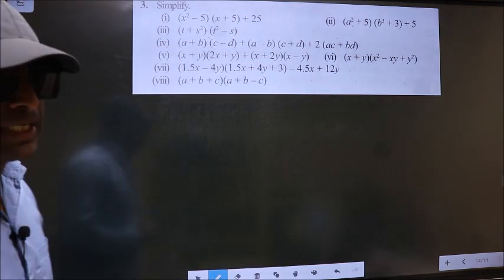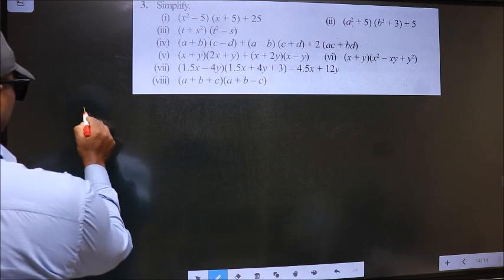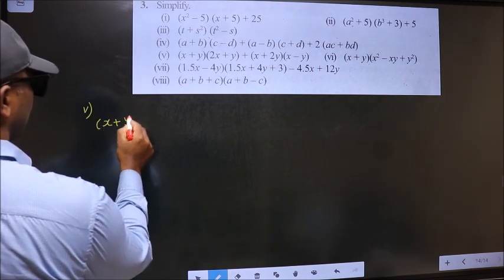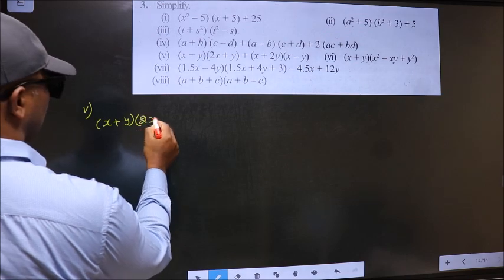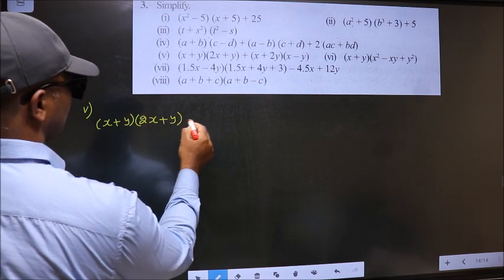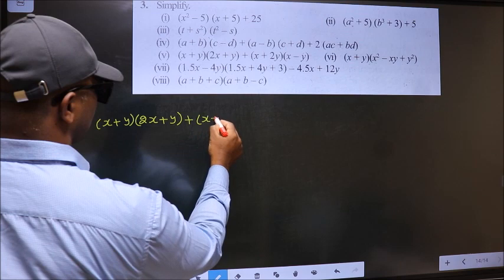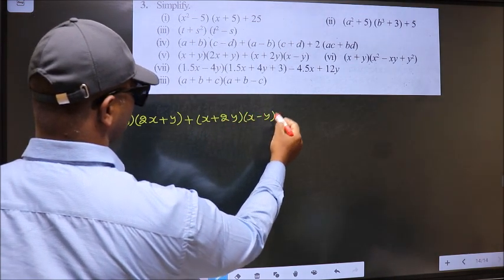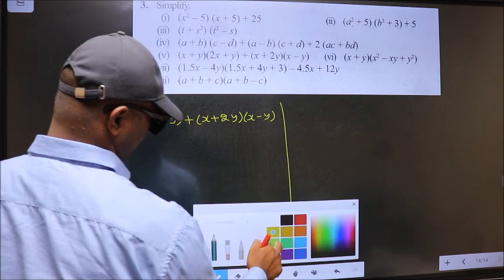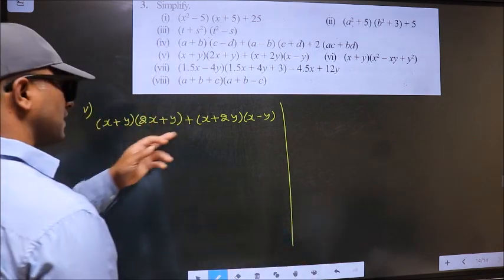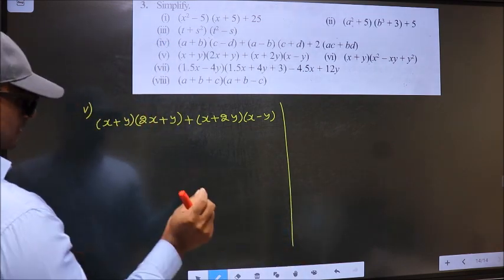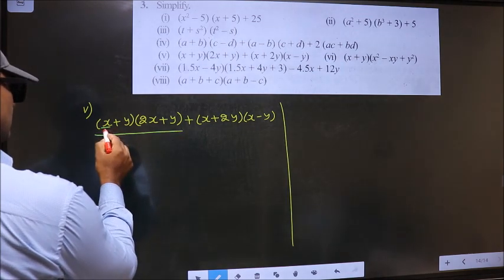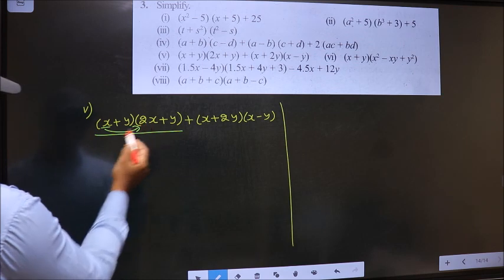Next, fifth bit, that is (x plus y)(2x plus y) plus (x plus 2y)(x minus y). Now to simplify this, first over here with x we should multiply this bracket.